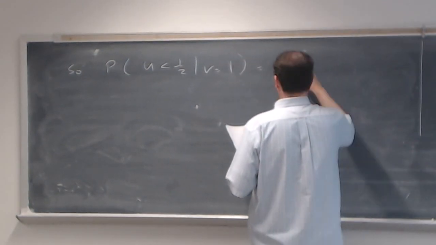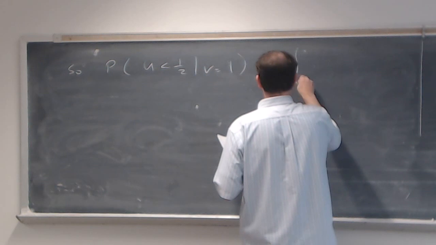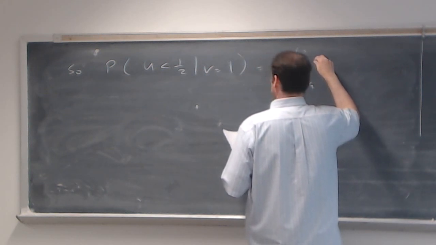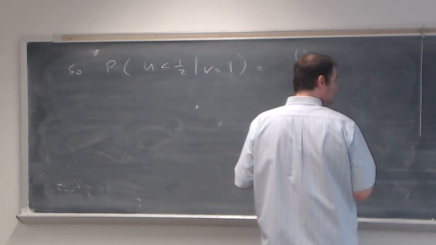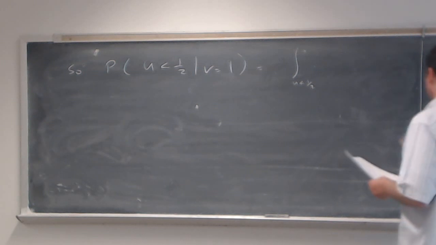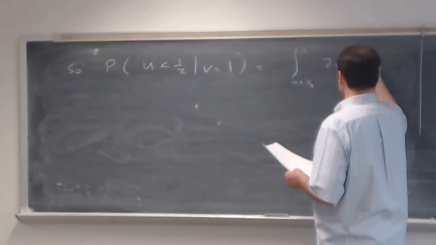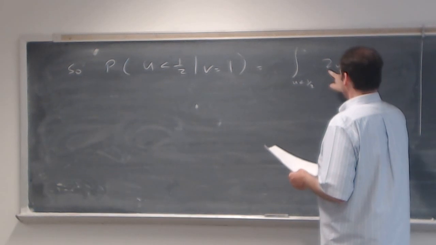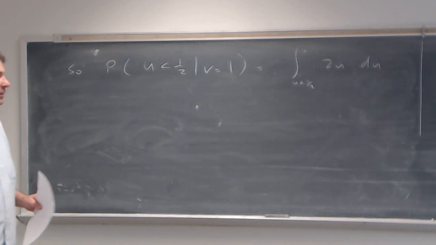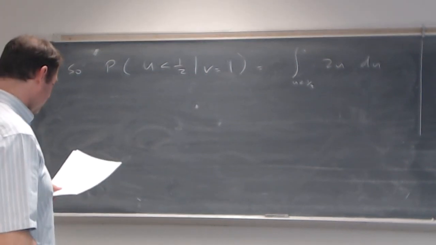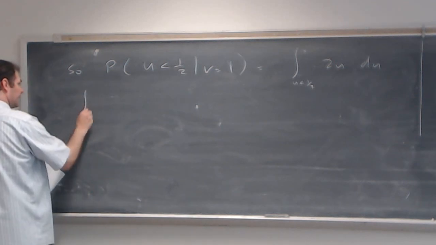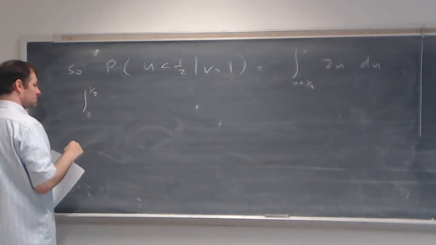So we integrate over u being less than 1/2 of this conditional probability density function, which we found to be 2u, du. But this region, u being less than 1/2, the u values in this case are from 0 to 1/2 over the region that we're looking at.